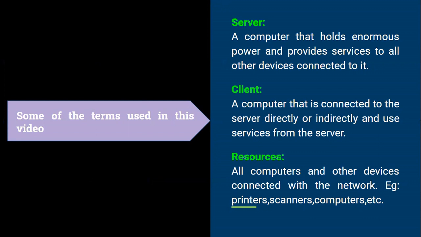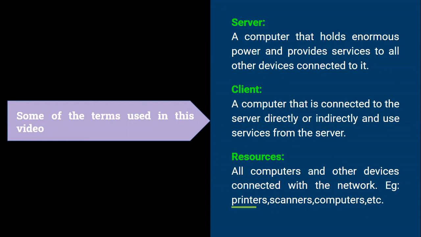Before starting the video, I would like to discuss some of the terms used inside the video. Number 1, server. A server is a computer that holds enormous power and provides services to all other devices connected to it. Number 2, client.